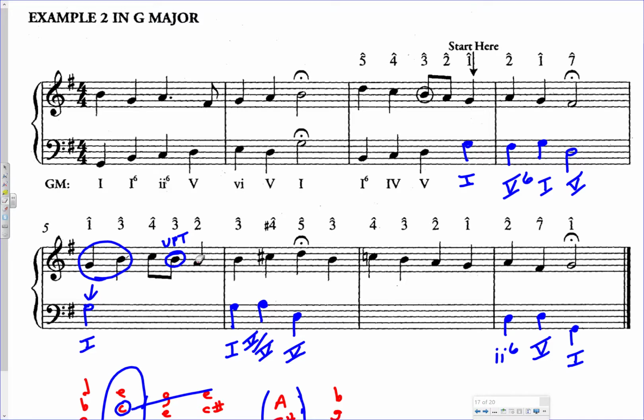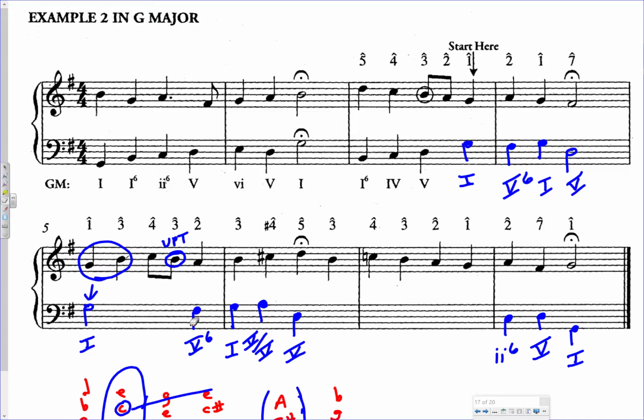And in the last beat, I have an A, which I realized could fit in the 5 chord, or it could fit in the 2 chord. But 2 is not the best choice because 2 doesn't like to go to 1 as much as 5 does. So I called this a 5, and I actually put it in inversion and made it 5-6 with the F sharp in the bass.